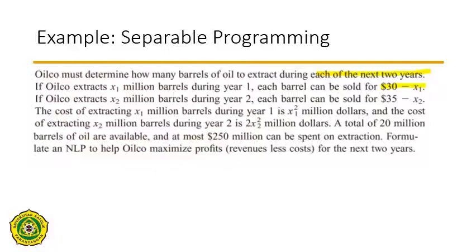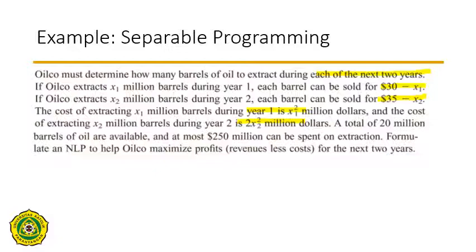The oil that is extracted in year 2 may be sold at this price, $35 minus x2. The cost of extracting oil in year 1 is x1 squared. The cost of extracting oil in year 2 is 2 times x2 squared.